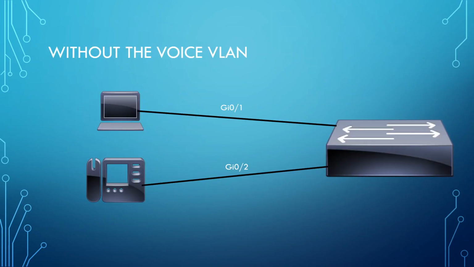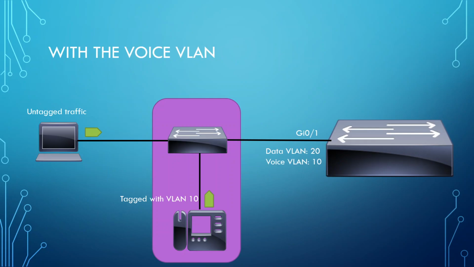So without the voice VLAN, we would have to plug our computer into one port and our IP phone into another port. Now with the voice VLAN, this whole block here represents the IP phone. The IP phone has a mini switch inside. It has an internal port which connects to the IP phone, and 2 external ports, one which runs to the computer and another which runs to the switch port.